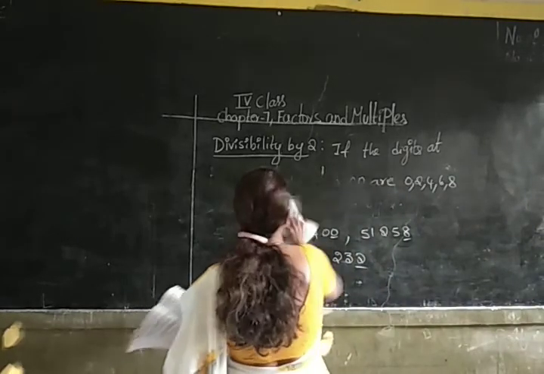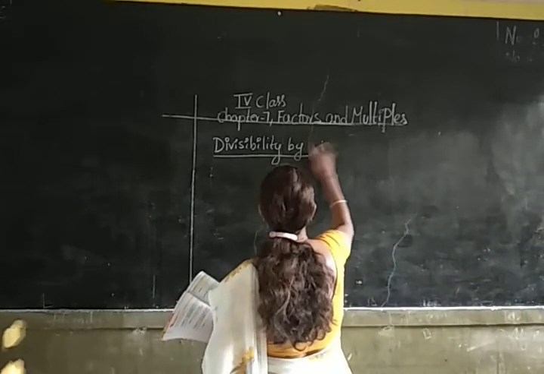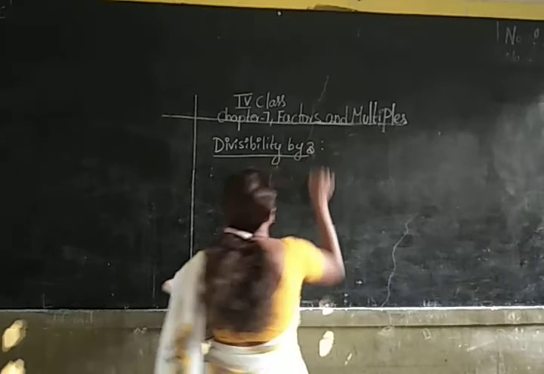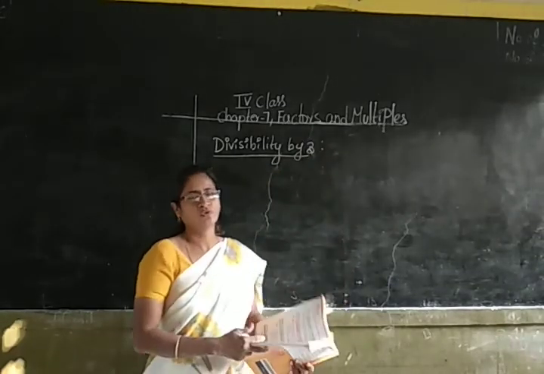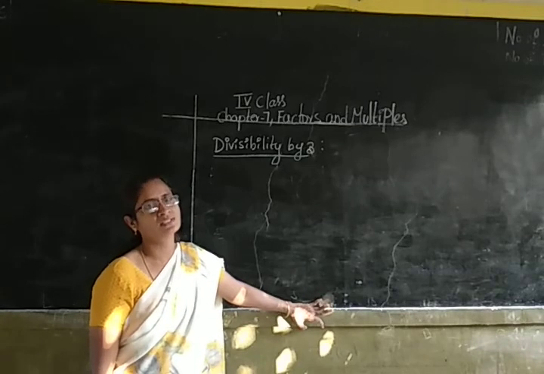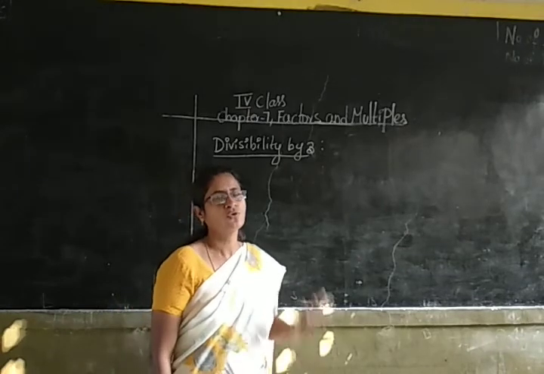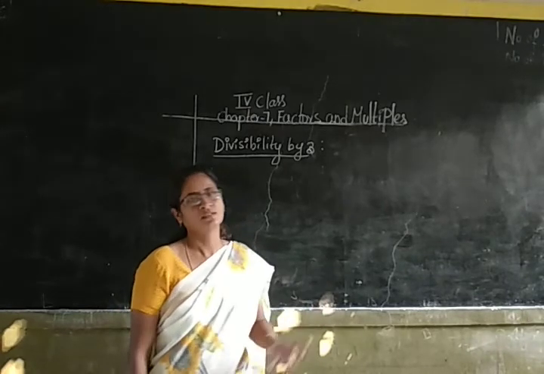To check whether a number is divisible by 2, you have to check the digit at its ones place. If the digit at its ones place is 0, 2, 4, 6, 8, then the number is divisible by 2.